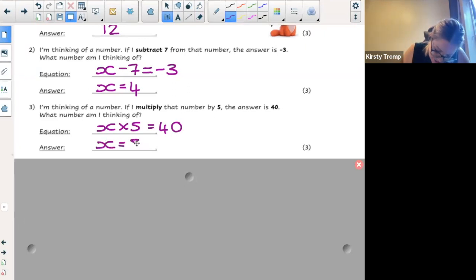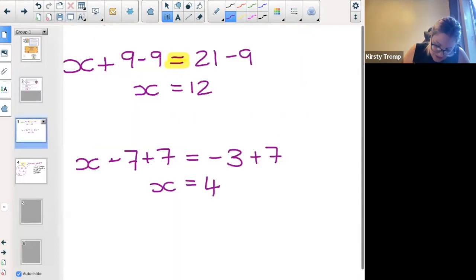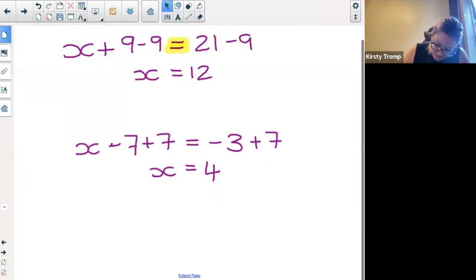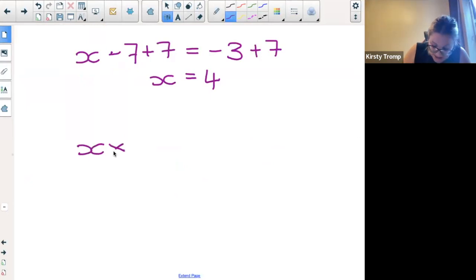So Tara Jane, stay with me. Let's take it to the other page. So we had x times 5, I'm going to leave a gap, equals 40. Right, Tara Jane, what do I need to do? What do I need to say?